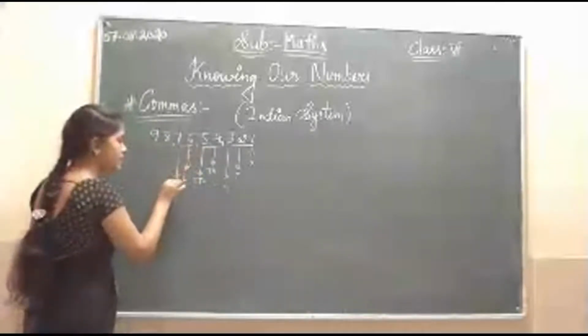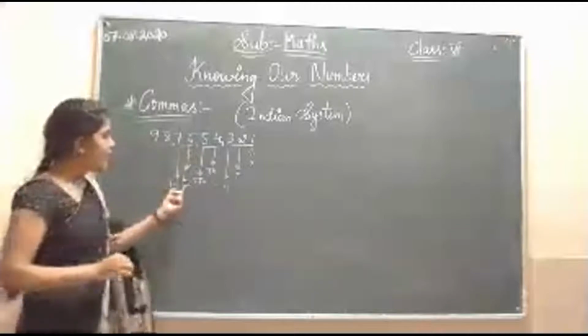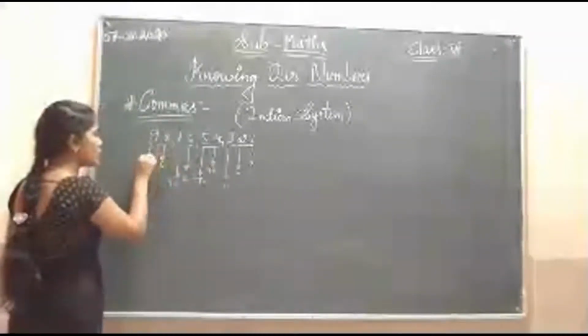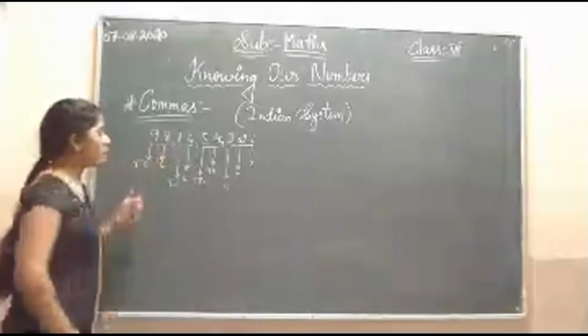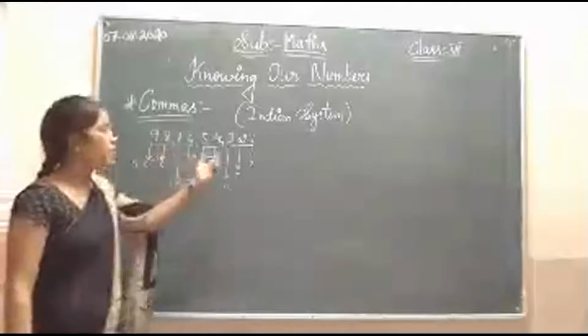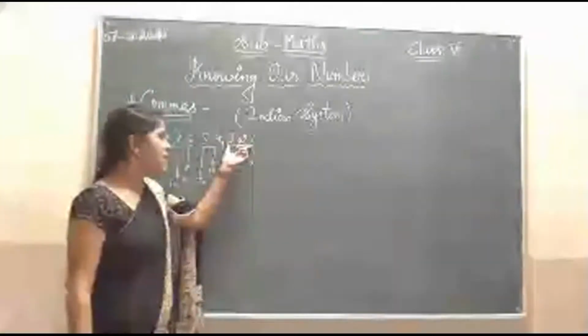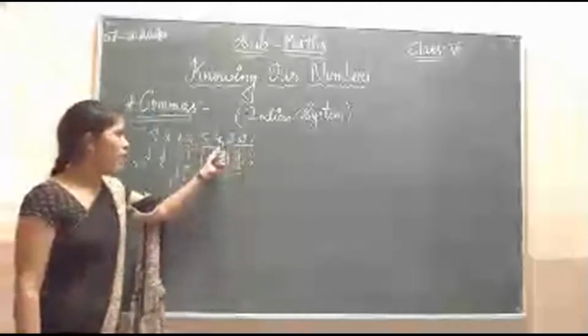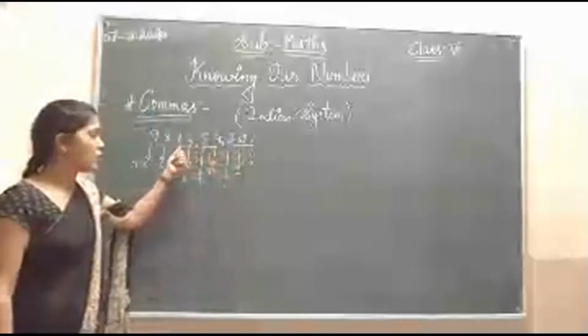Lakh and 10 lakh come in one group. Crore and 10 crore come in one group. Because of this, they group as 3 first, then 2, 2, 2. 3 numbers, then a comma, 2 numbers, then a comma, and 2 numbers.